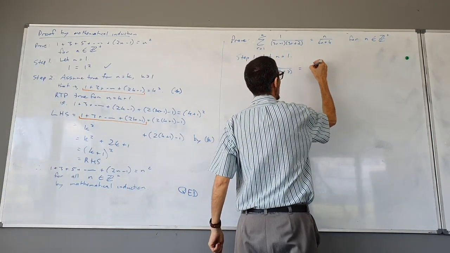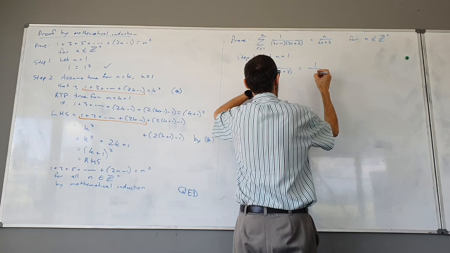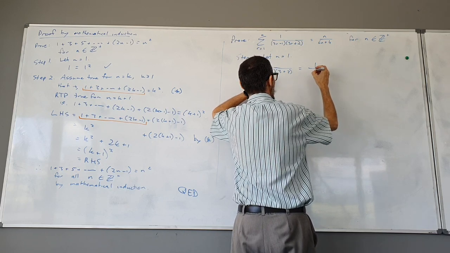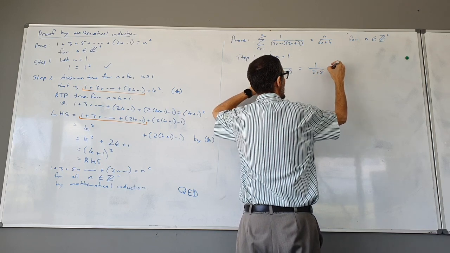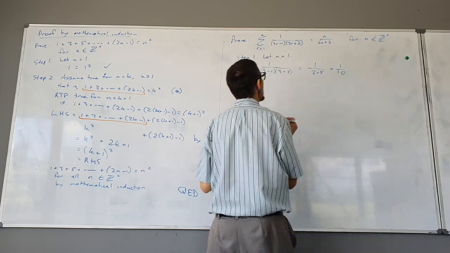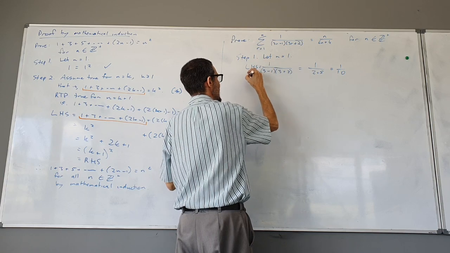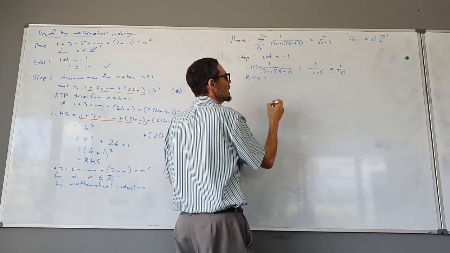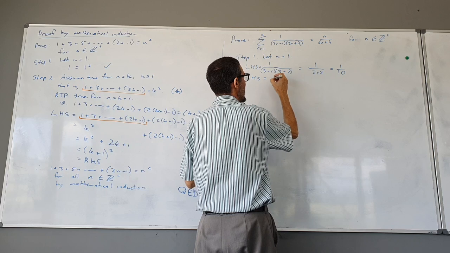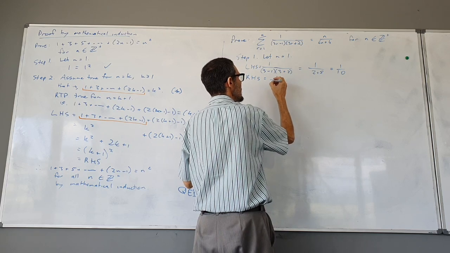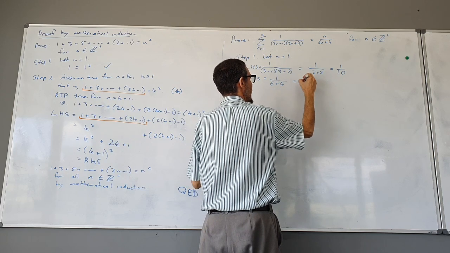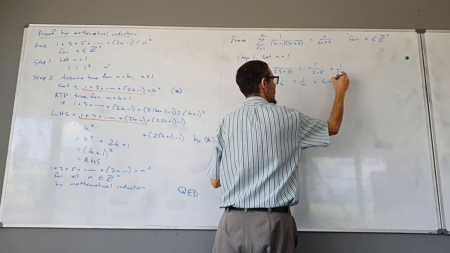Well, that is 1 over 2 times 5, which is 1 over 10. And I'm going to say left-hand side because it's going to be easier. And the right-hand side is 1 over 6 plus 4, which is 1 over 10, which is the left-hand side.